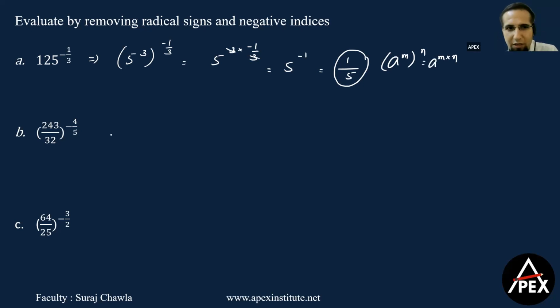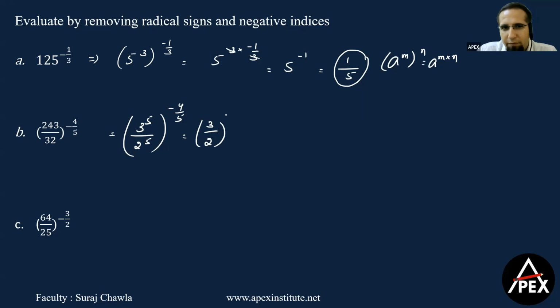So 243 is 3 to the power 5 and 32 is 2 to the power 5, whole to the power minus 4 by 5. So this can be written as 3 by 2 whole to the power 5, within brackets, we have minus 4 by 5, which gives us how much, guys? This is 3 by 2 whole to the power 5 into minus 4 by 5.